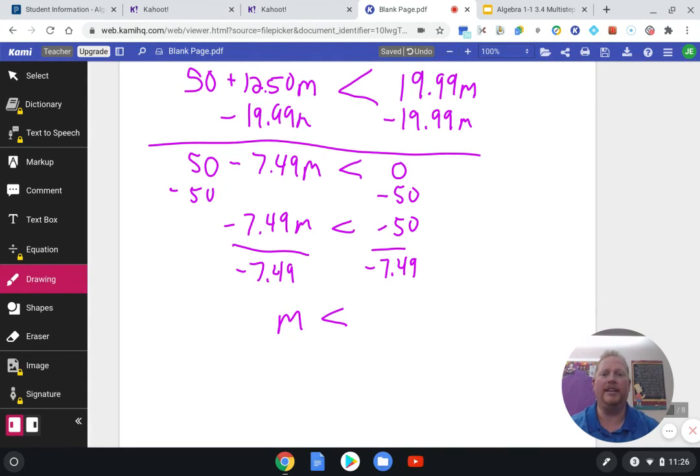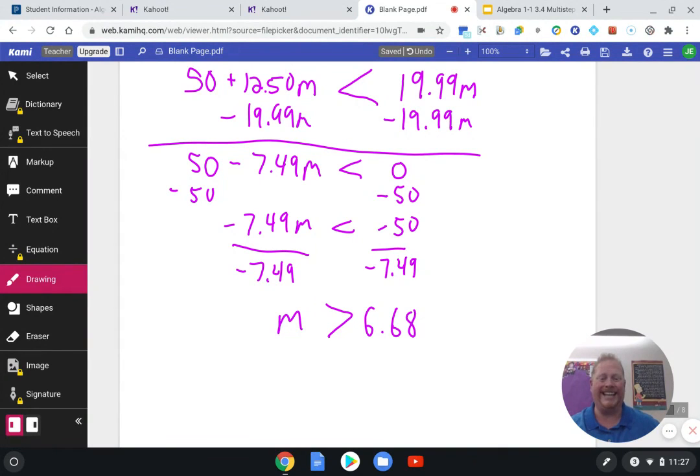The mistake here is that I divided by a negative number, but yet I forgot to flip the sign around. So I got 6.67. If I'm rounding, 6.68. So the original question is, how many months of gameplay does it take for the OP Games to cost more?